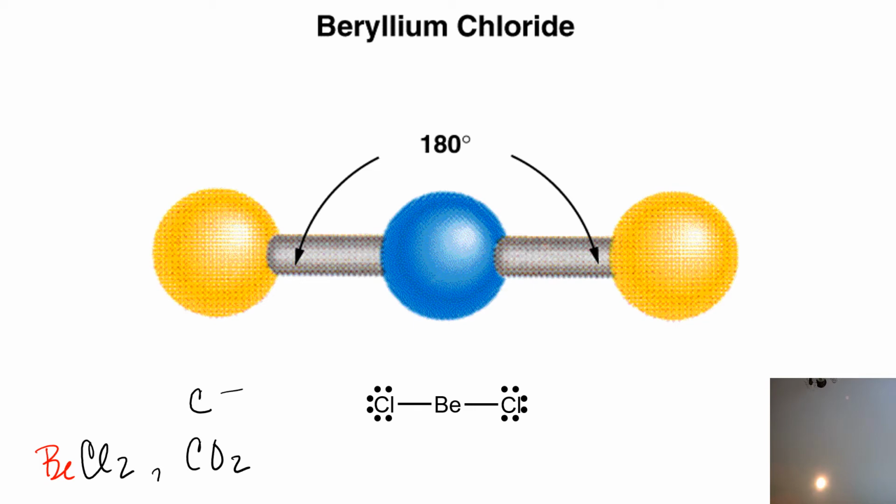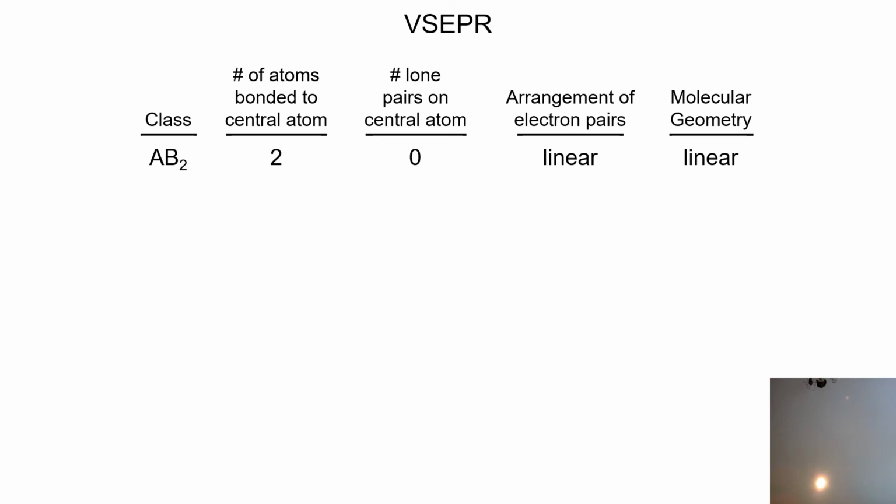Remember, we've drawn that in chapter 9. It's a linear molecule. CS2 is another example, just substituting the sulfur atoms for those oxygen atoms.